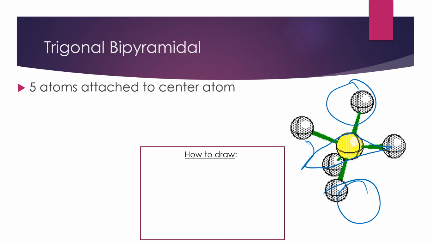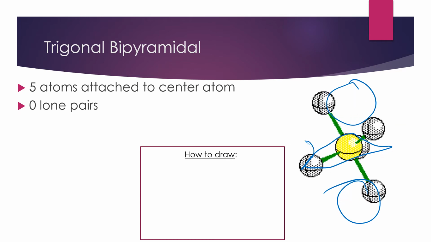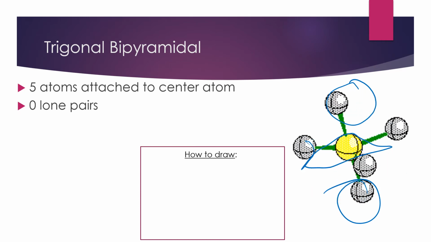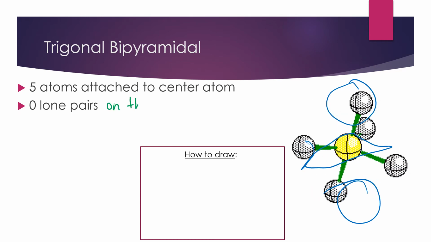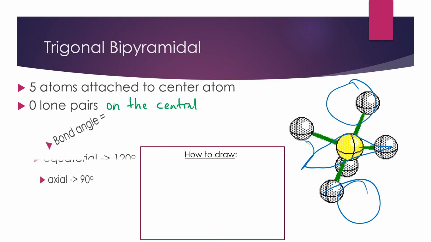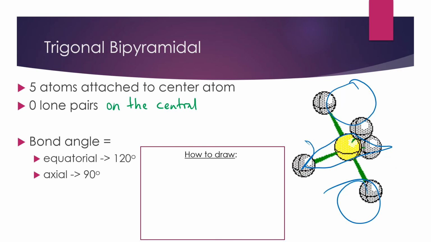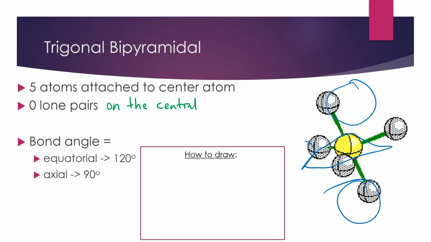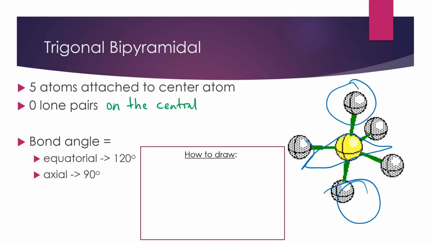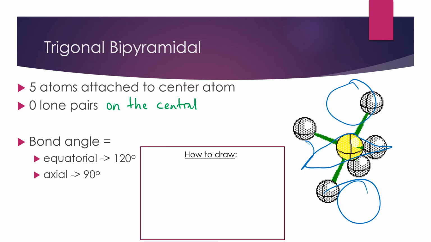Bi is the top and bottom too, right? The next thing we should note is that there's no lone pairs on the central atom. So the bond angle, y'all, again, equatorial, 120, and that is the one that looks like a triangle. And the axial is 90 degrees.